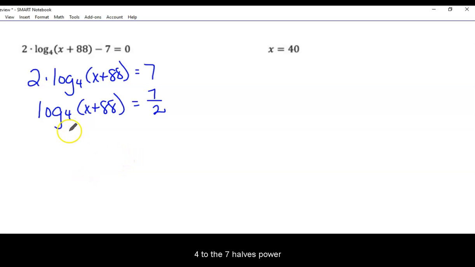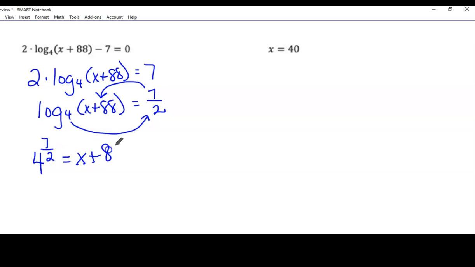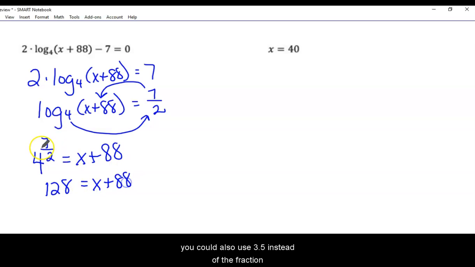So then I can write this in exponential form. 4 to the 7/2 equals x plus 88. So 4 to the 7/2 power is 128. You could also put 3.5 there if you wanted to. X equals 40.